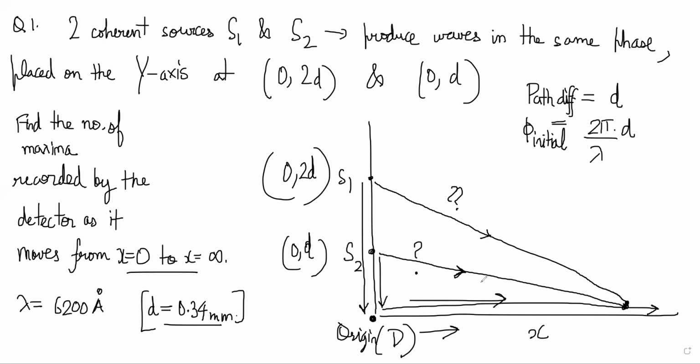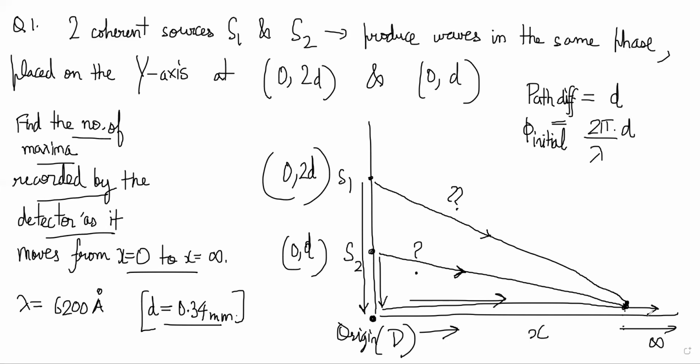So at any point you can find the path difference and make sense of the maxima or minima situation. But since you have to count how many maxima, you have to think about the situation where x tends to infinity.